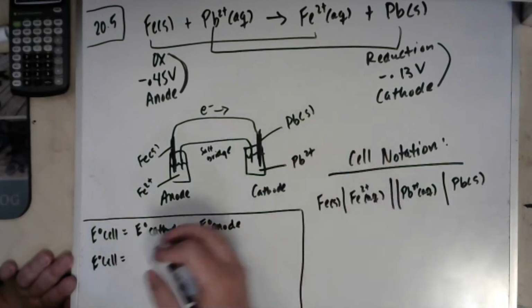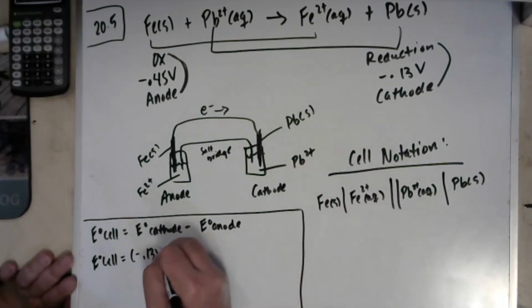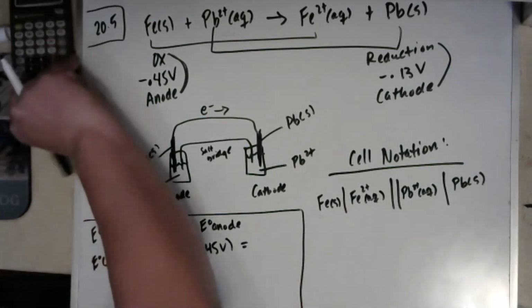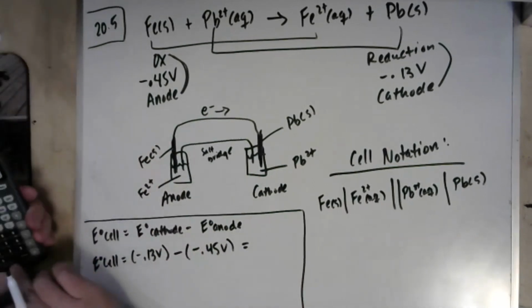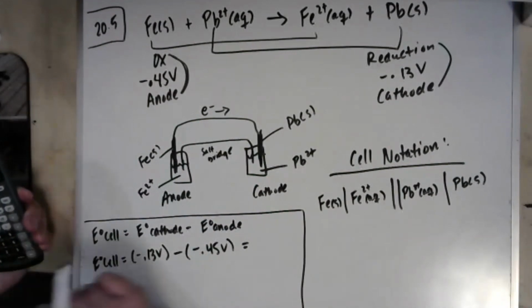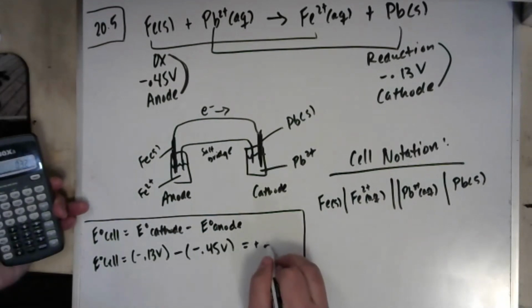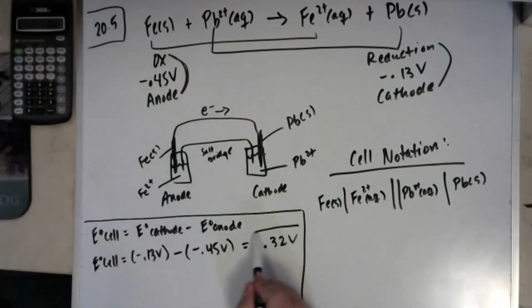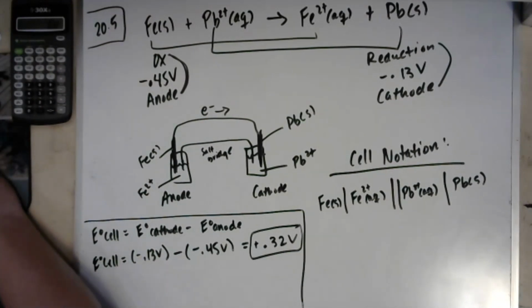So it's going to be negative 0.13 volts minus negative 0.45 volts. And we get positive 0.32 volts. See? And we wouldn't get that value if it was not spontaneous. All right.